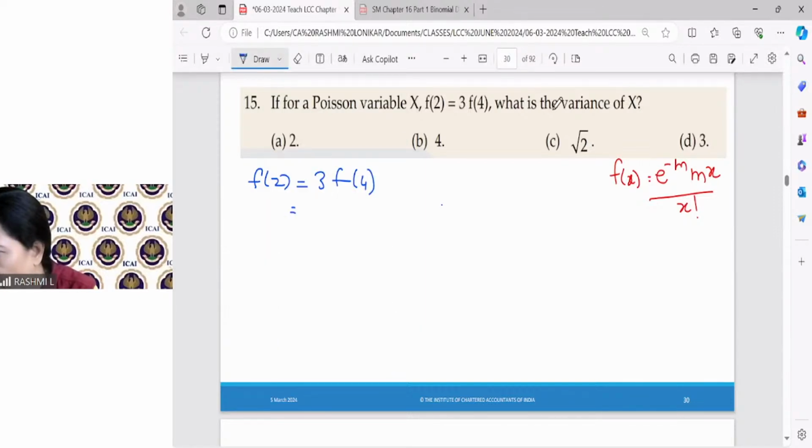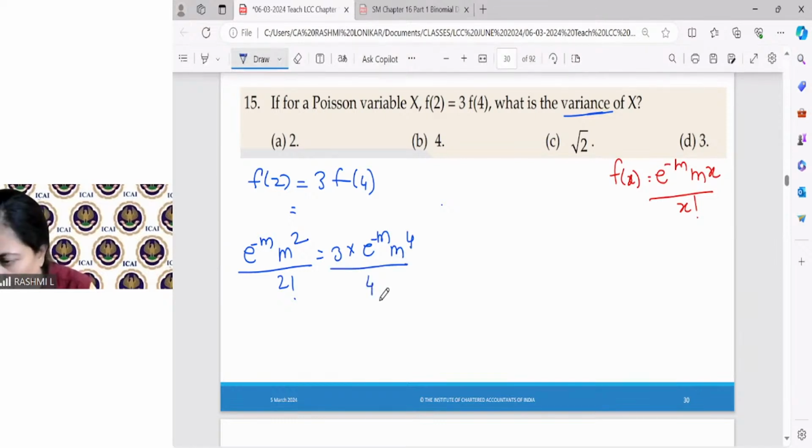What is the variance? Okay, variance, if I know mean, then I can find variance, but I don't know mean, neither variance. So e raised to minus m, I don't know m, raised to, on the left hand side, it is 2 upon 2 factorial, which is equal to 3 into e raised to minus m, as it is, m raised to 4, because x is 4 on the right hand side, upon 4 factorial.